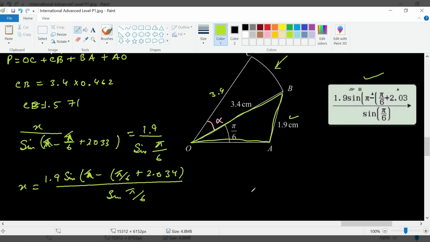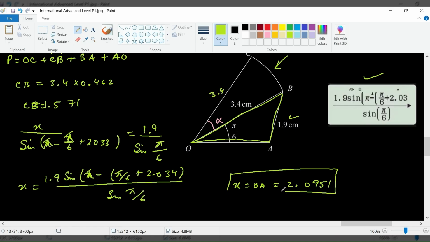Once we put all these calculations in the calculator, we should get x, which is equal to OA, is equal to 2.0951. So this is the length of OA.